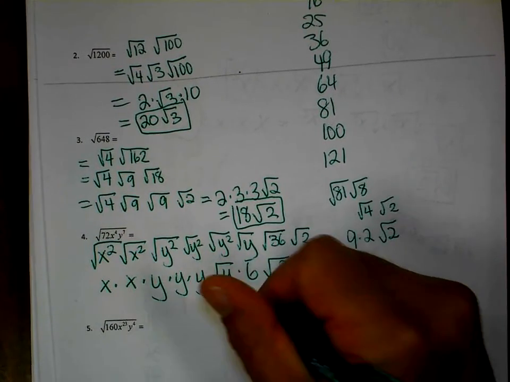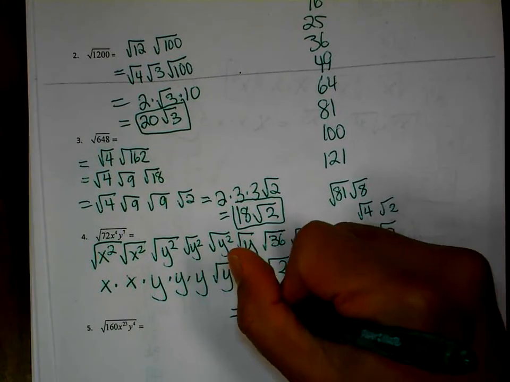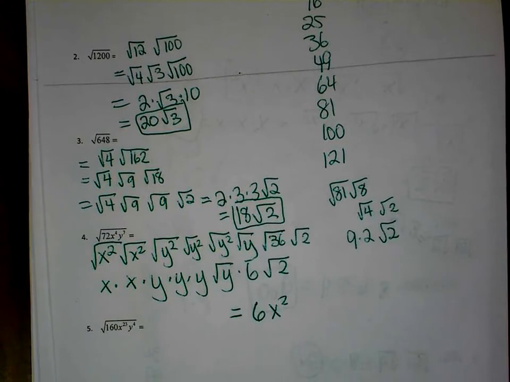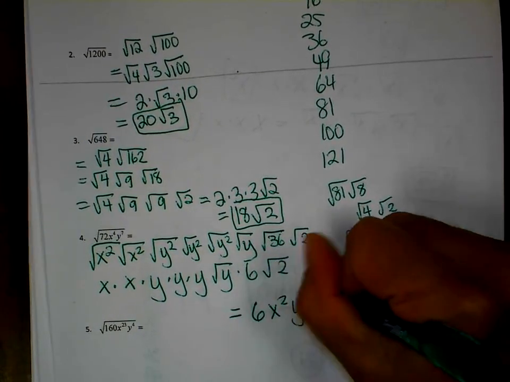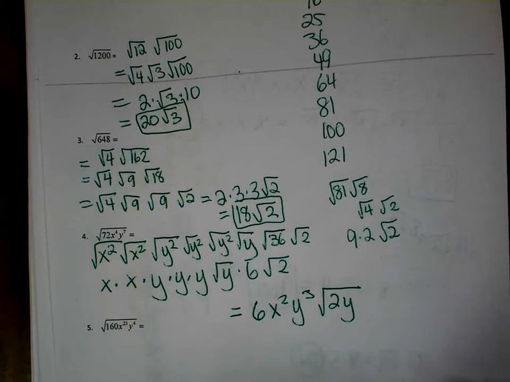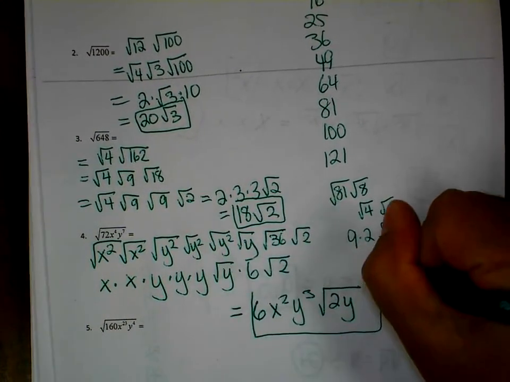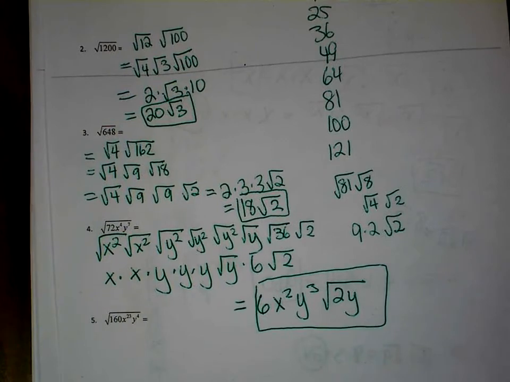So I'm going to put the coefficient out in front. I'll then put my x's together, x squared, my y's together, y cubed, and I'm left with square root of 2 times square root of y, which is just the square root of 2y. So some of this is just about keeping your wits about you, looking for perfect squares, and then consolidating information together.